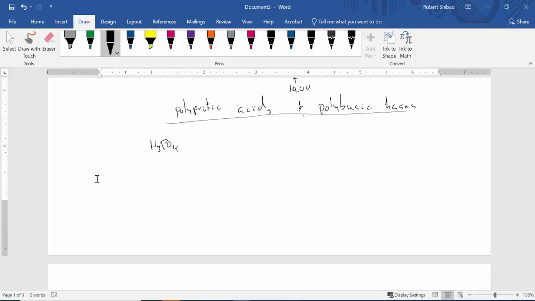There'll be a collision, and we'll remove the most acidic hydrogen first. The most acidic hydrogen will just be the first hydrogen ion on that, and we're going to form dihydrogen phosphate. Now, this is going to be Ka of H3PO4, which is equal to Ka1 of H3PO4.